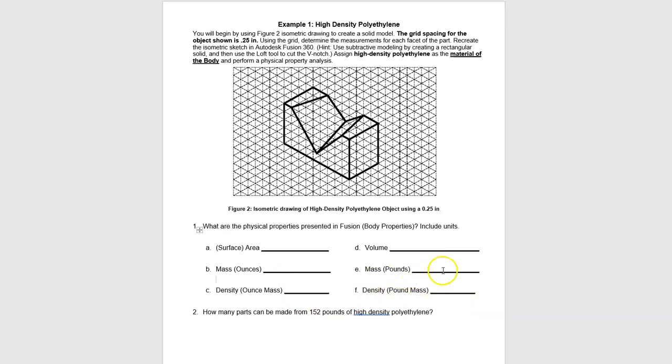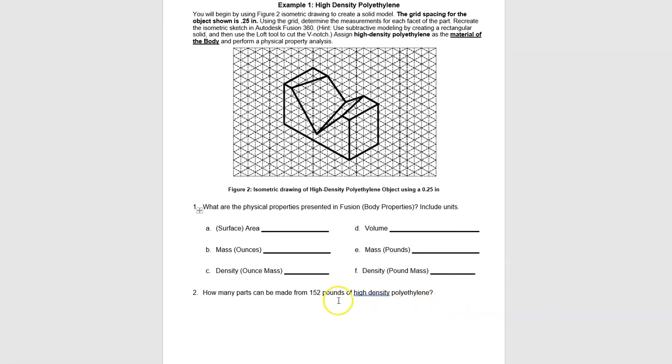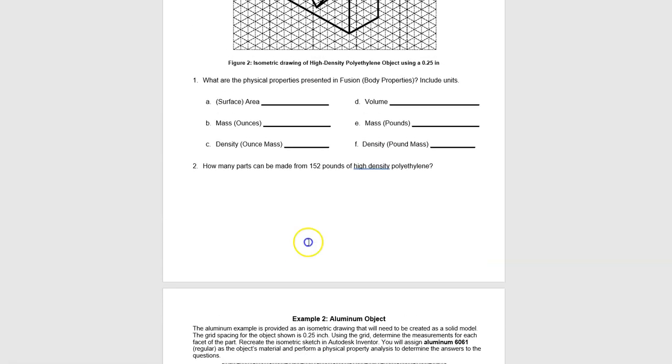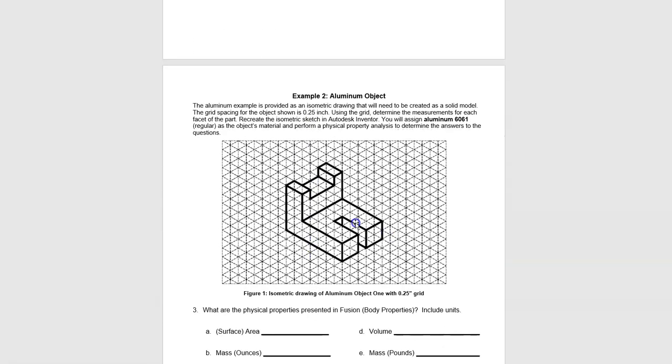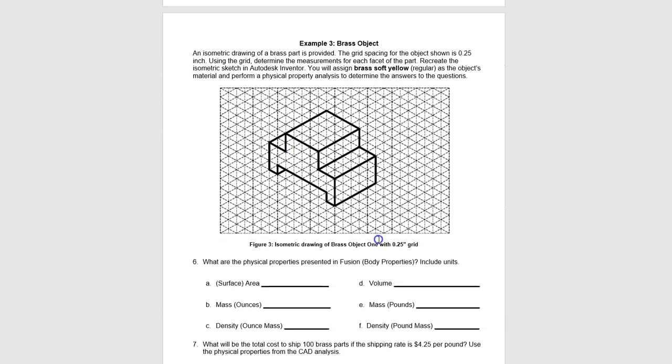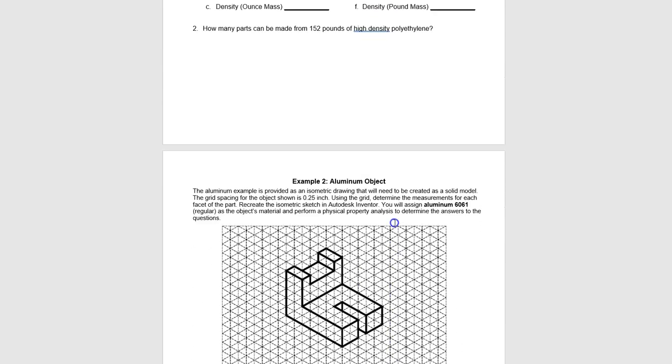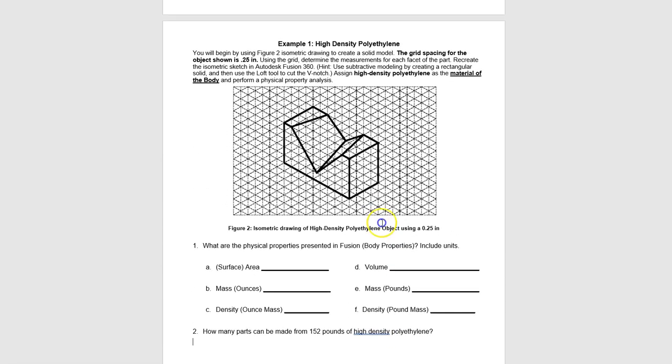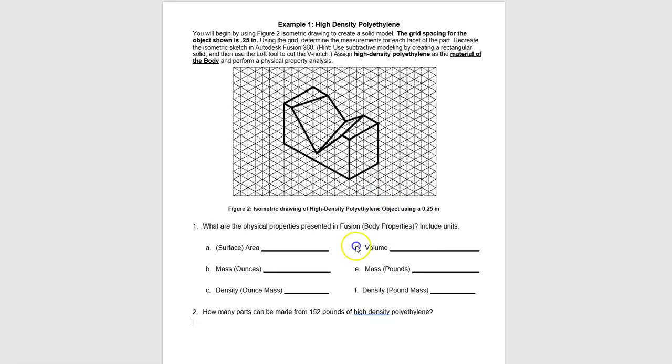And then if you want to convert it to pounds, well, you can just multiply both numbers by 16 and it'll give you the mass in pounds, and it'll give you the density in pounds per inches cubed. And then you should be able to answer the rest of the questions on this page. And you should be able to create the other shapes as well. They're a little simpler than the one we just did, although they do have a different material each time. So go ahead and give this activity a try on your own and see how you do.